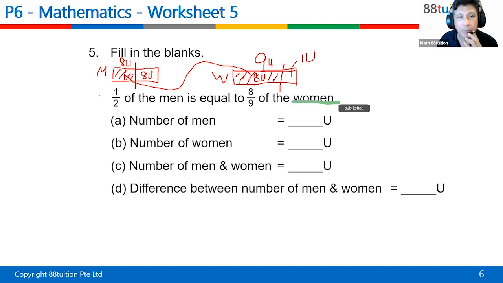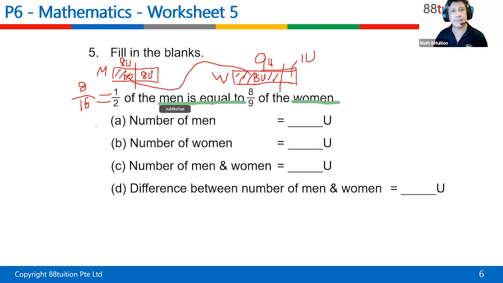So now I'm just going to use the fraction. Man, the half, I'm going to change to the numerator 8. Therefore, the denominator becomes 16, right? You get what it means? Okay, so once we have the numerator the same, what we are saying is 8 units of men is equal to 8 units of women. All right, so now it matches.